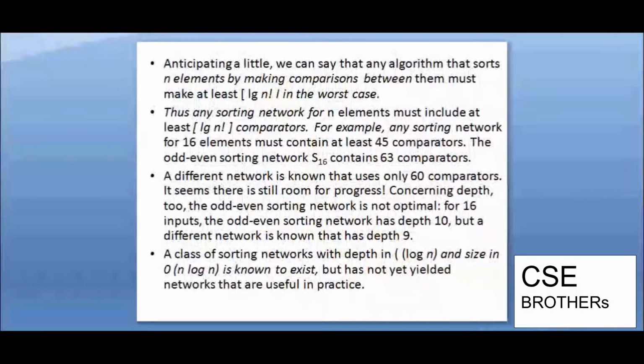For example, suppose there is a sorting network with 16 elements, it must contain at least 45 comparators. The odd-even sorting network for 16 elements contains 63 comparators. A different network is also known that uses only 60 comparators, and its size is n log n, which is our algorithm.